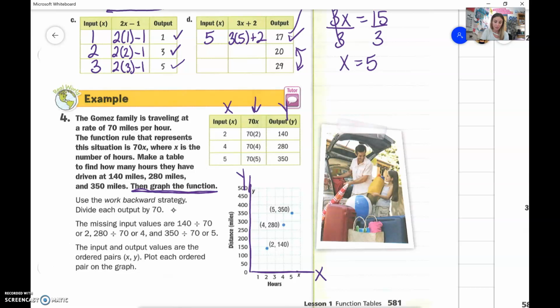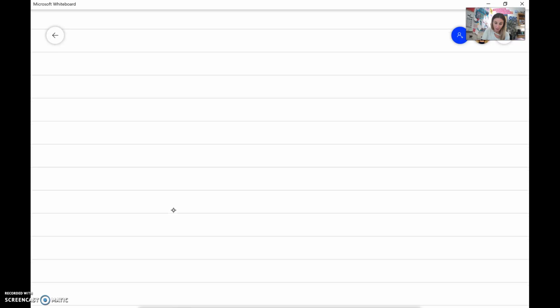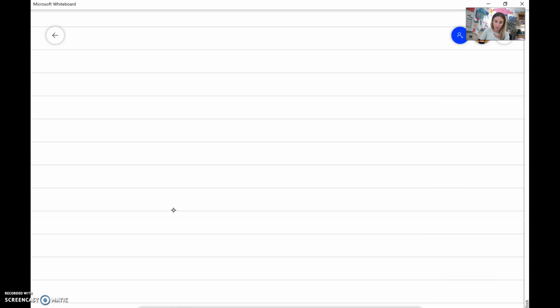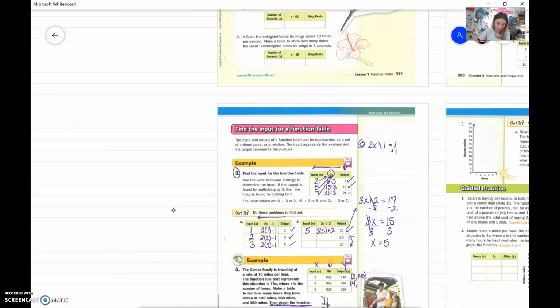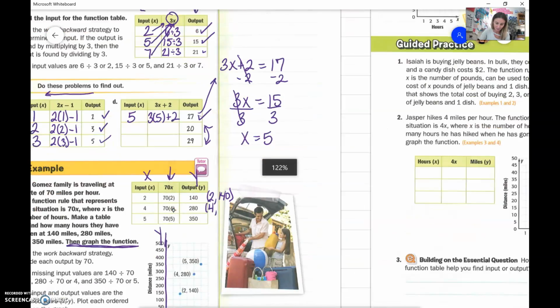You're going to notice that they took their 70 times 2, got 140, so that would be our input is 2, so it is 2, 140. Here, my input, my x, is 4, and oh my goodness, it just acted all crazy. I love it when it does that. Okay, bring it back here. There we go.